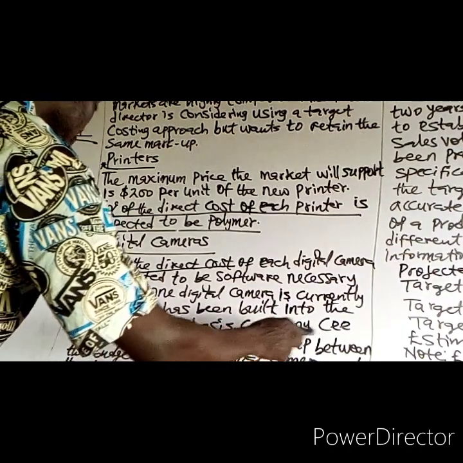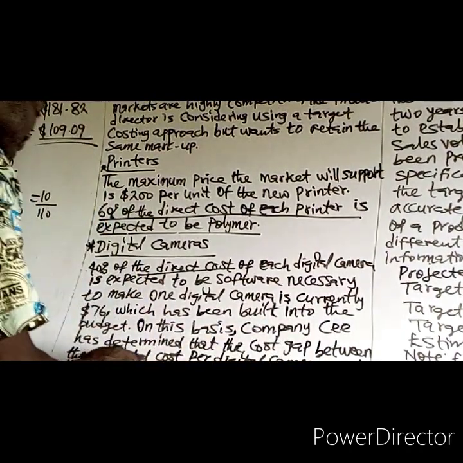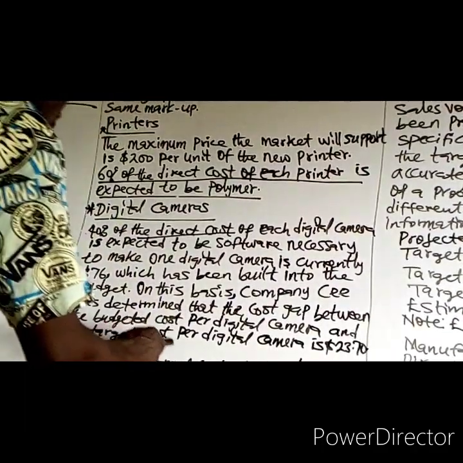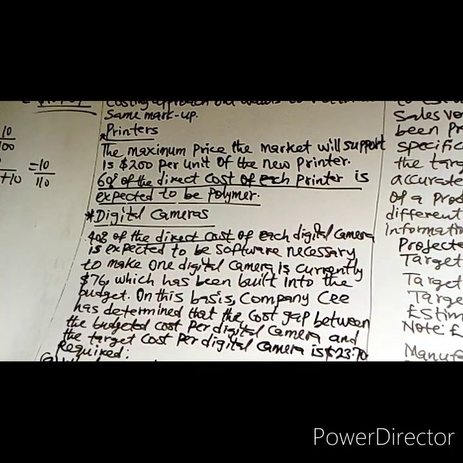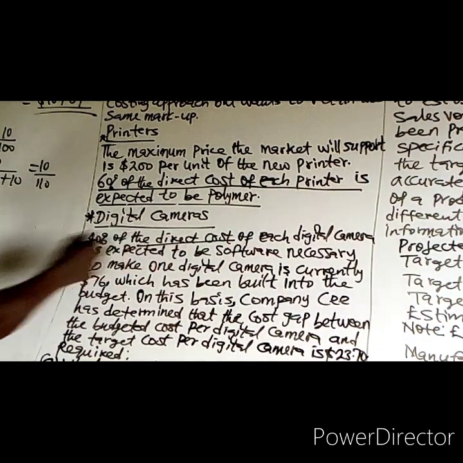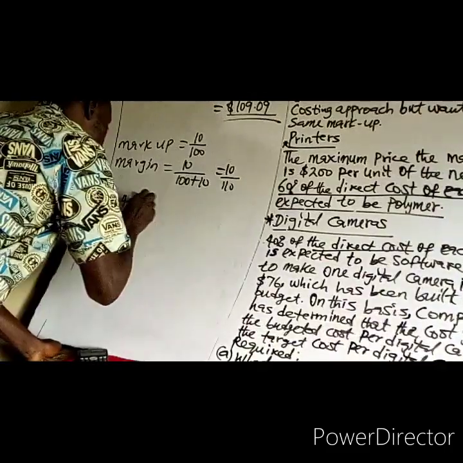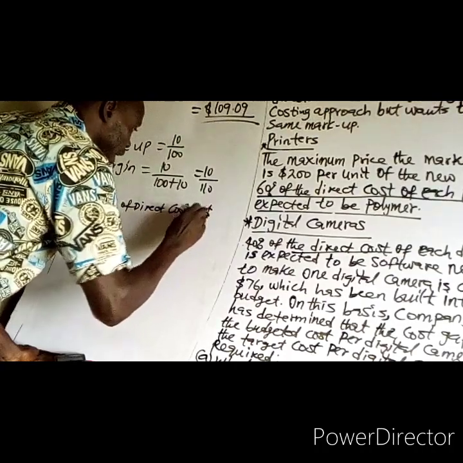On this basis, company C has determined that the cost gap between the budget cost per digital camera and the target cost per digital camera is $23.70. Now we want to determine the direct cost. 40% of direct cost is $76.